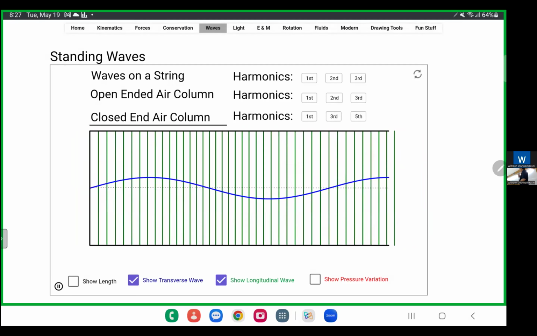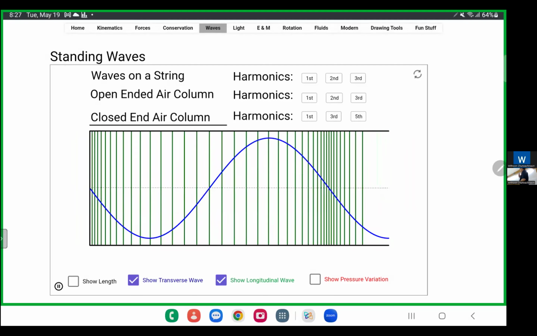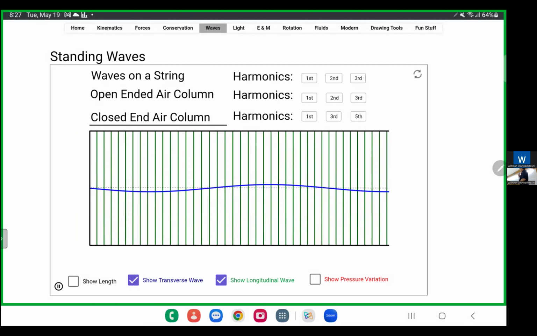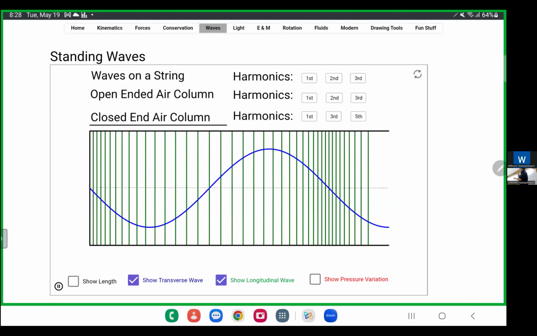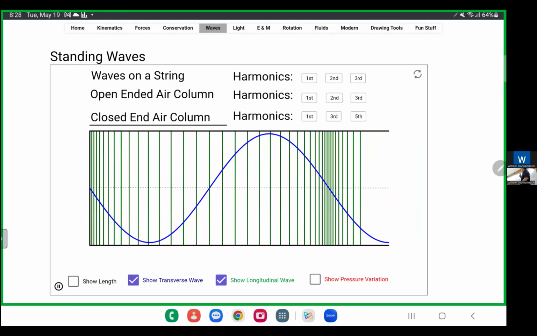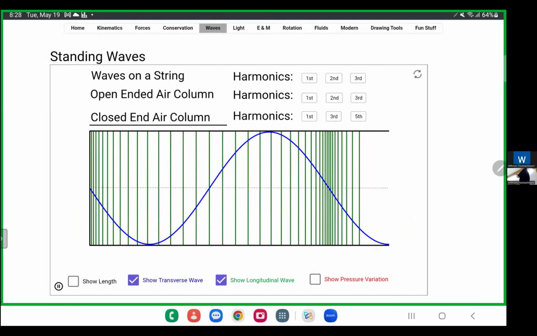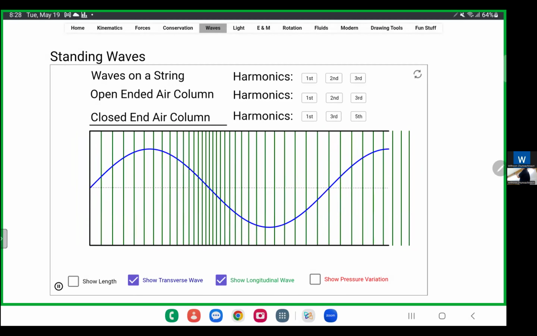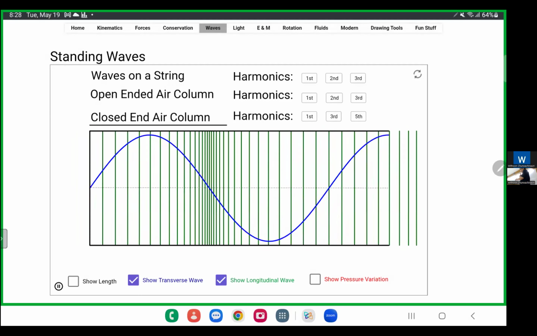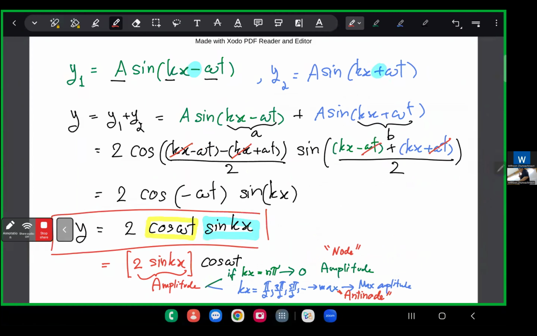I can do a higher frequency, and now you start to see a little bit better the oscillations happening inside the tube, and then an equivalent transverse oscillation that you impose on top. Once you see this oscillating up and down, then you switch to the textbook. Bam, right here.